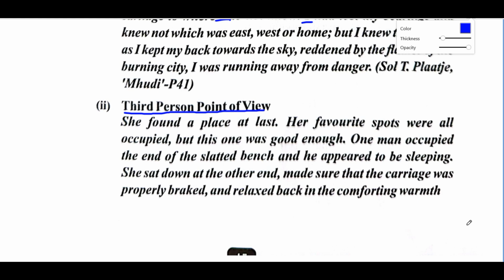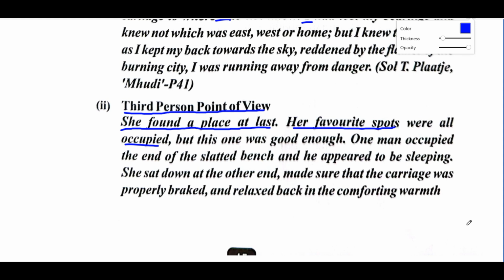So we can start. She found a place at last. Her favorite spots were all occupied, but this one was good enough. One man occupied the end of the slatted bench and appeared to be sleeping. She sat down at the other end and made sure that the carriage was properly braked and relaxed back in the comforting warmth.